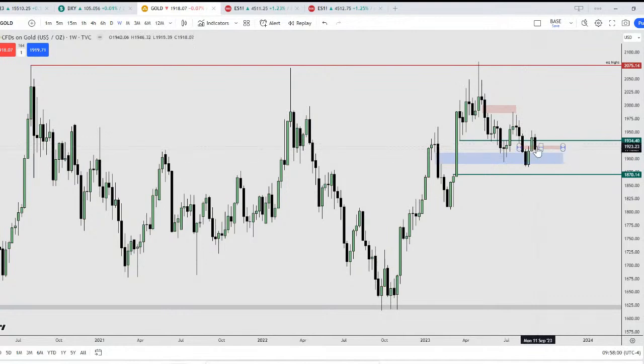So I think following candles, we should take out the lows here and then eventually close up this inefficiency here, the lows here. And we have another small inefficiency down here. It can be traded into as well. That's for gold. So bearish on gold.